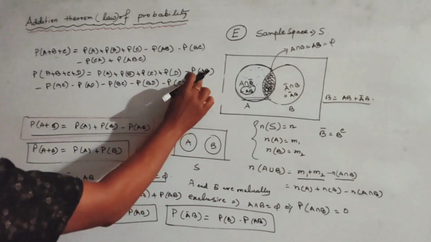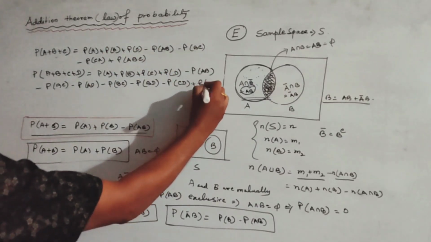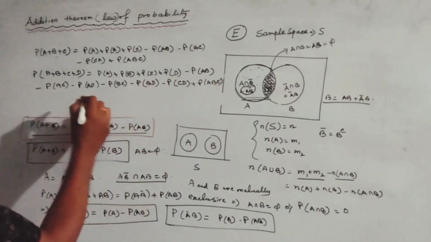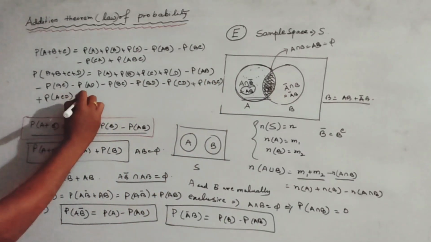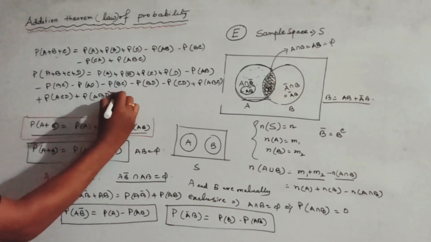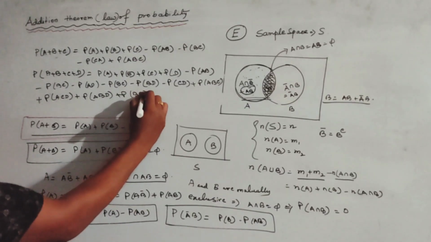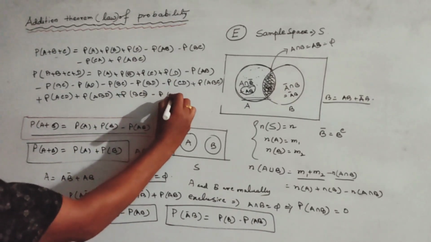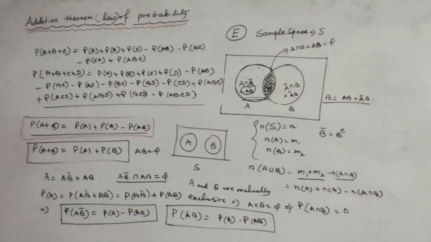Here there are 6 terms, 1 2 3 4 5 6, right, plus P of ABC plus P of ACD plus P of ABD plus P of BCD minus P of ABCD. This is the addition law of probability for four events.